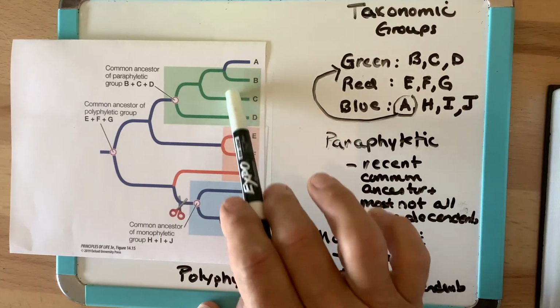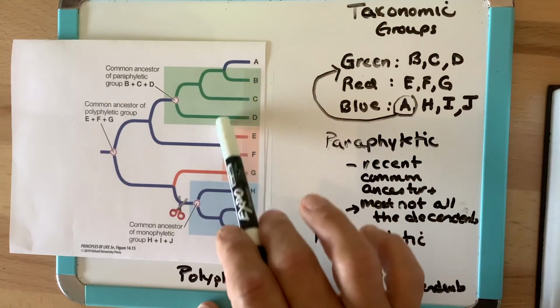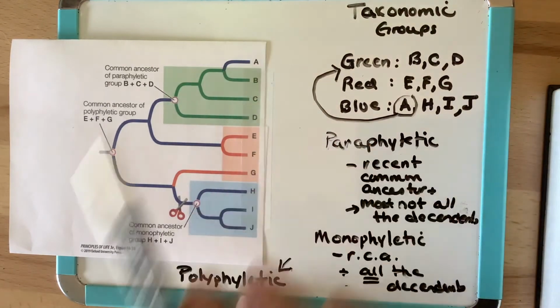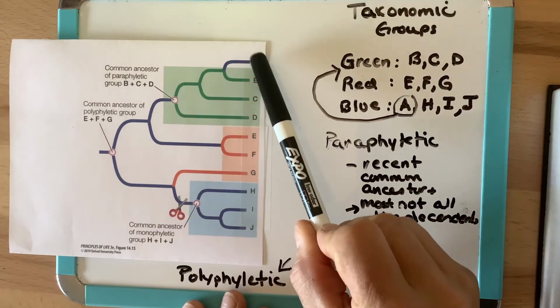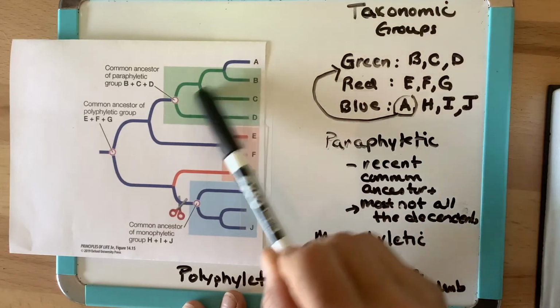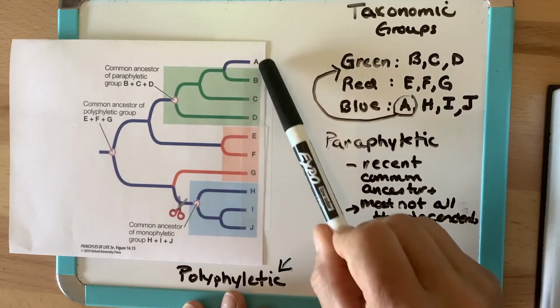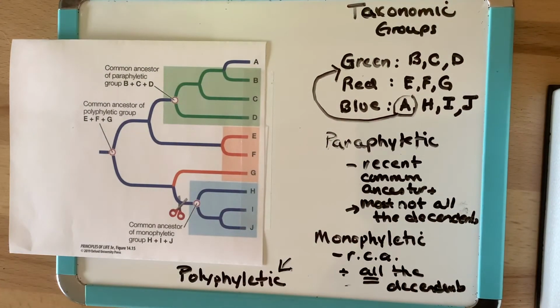If the green group represented reptiles, then A would have been the birds. So you're going to see when we talk about birds that they are actually now being classified as reptiles because they fall out as sister to this particular group. They are more closely related to members of that particular taxonomic group than they are to anybody else.